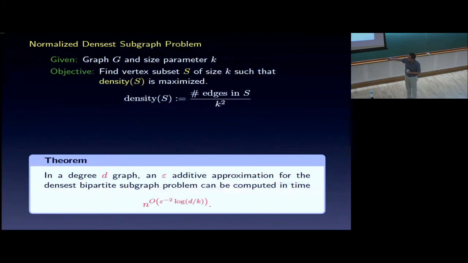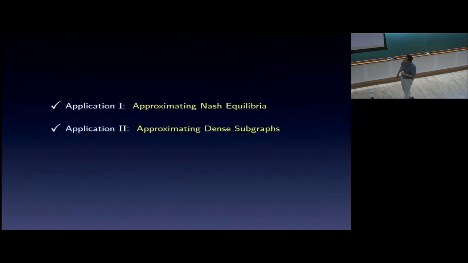What you get is the following result, that if you have a degree d graph, then in time n to the log d, you can find a k densest subgraph, normalized. Why is this log d appearing here? Note that if I look at the adjacency matrix of a graph, the sparsity, the number of non-zero entries in any column, is exactly the degree. That sparsity exactly translates to this degree, and I have these two applications.